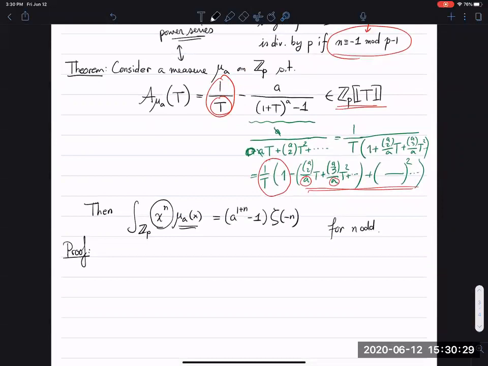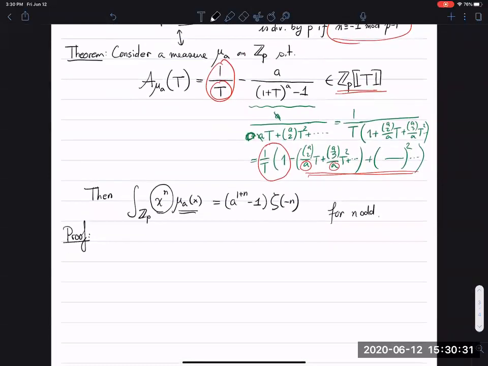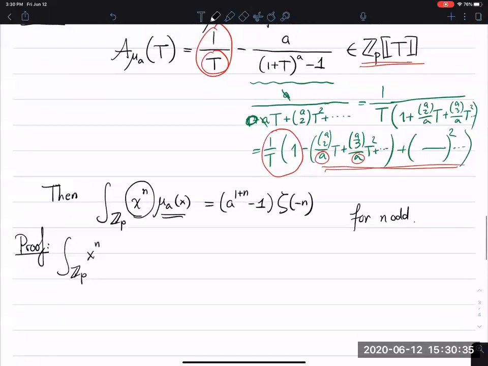So let's prove this. It's just a straightforward calculation. So I integrate x to the n against mu_a(x). I'm going to rewrite this x to the n as something different. We can actually do it quite formally.